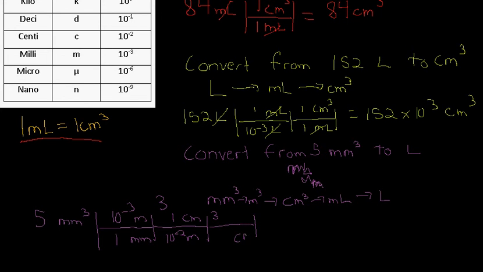From centimeters cubed, I know that I can go straight to milliliters, and it's a 1-to-1 ratio. From milliliters, I can then go to liters. Notice how every time I'm just trying to cancel out the previous unit which I formed with my new conversion factor. The conversion factor for this is 10 to the negative third over 1.